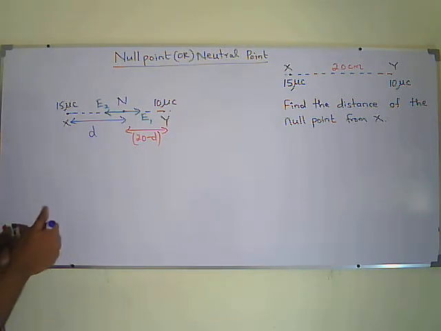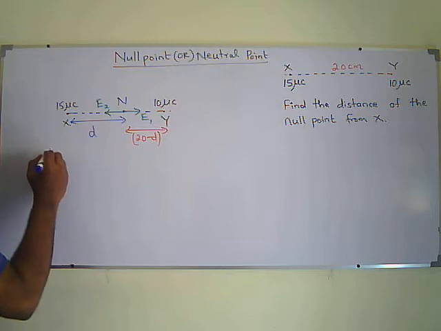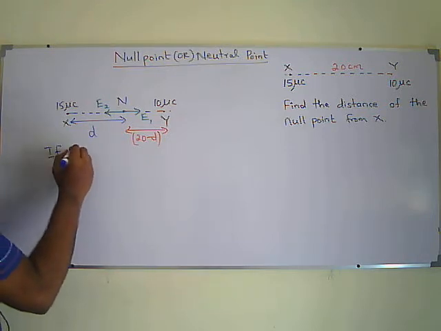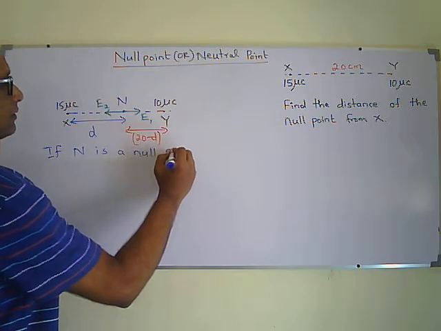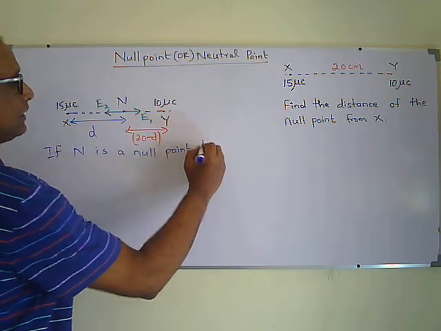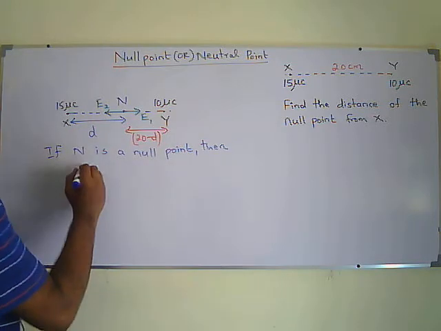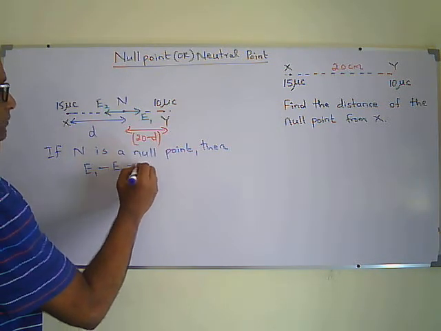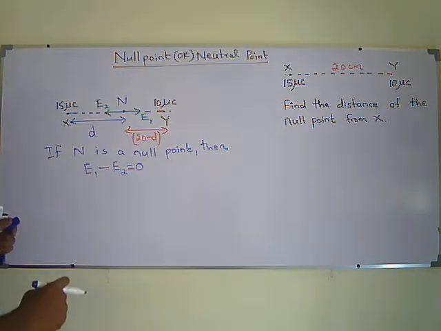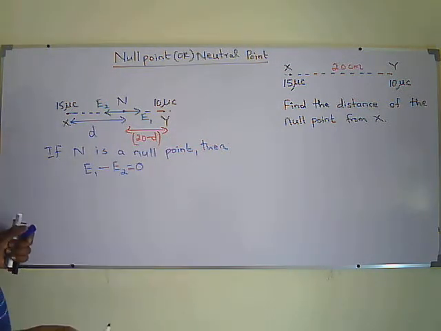So the equation is simple. If N is a null point, then E1 minus E2, since they are in opposite directions, must be 0. I can take E2 to the right. So E equals KQ over R squared.